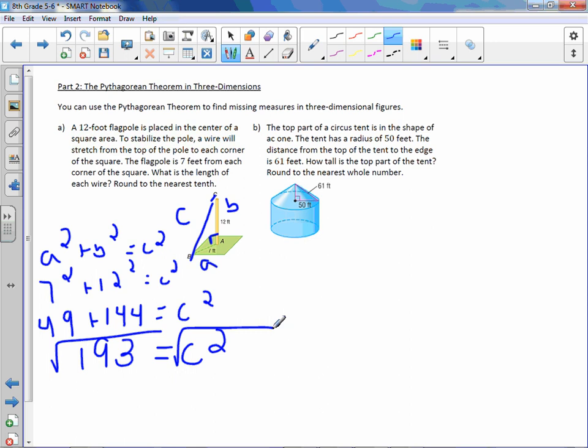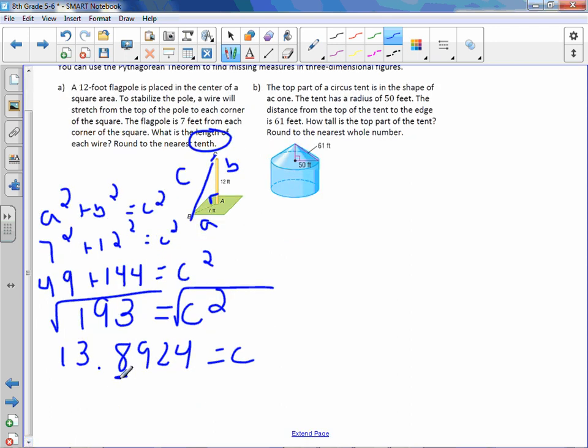Square root. 13.8924 equals C. To the nearest tenths place to be 13.9 feet.